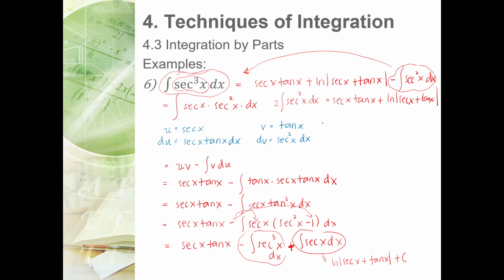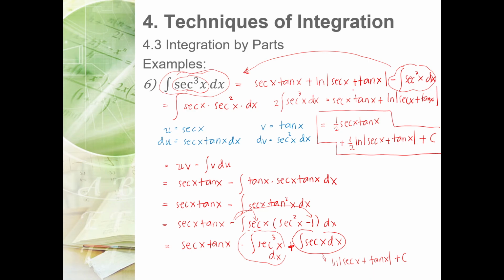Then you divide everything by 2, and the answer would be 1 half secant x tangent x plus 1 half ln of secant x plus tangent x, then plus c. Of course, c divided by 2 is just c. So that is your final answer.